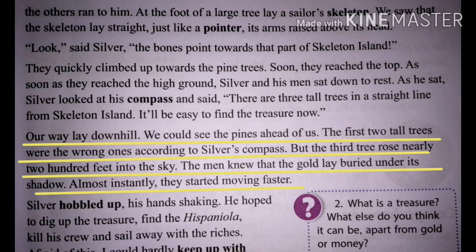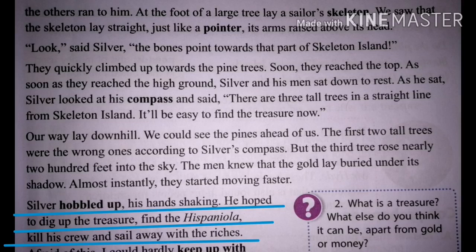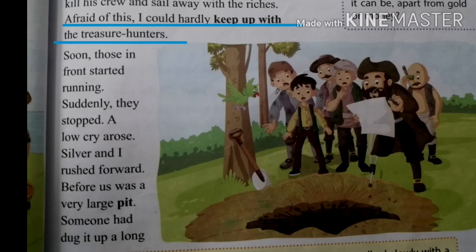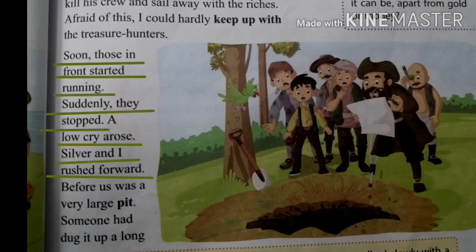Almost instantly they started moving faster. Silver hobbled up, his hands shaking. He hoped to dig up the treasure, find the Hispaniola, kill his crew and sail away with the riches. Afraid of this, I could hardly keep up with the treasure hunters. Soon, those same friends started running. Suddenly, they stopped.